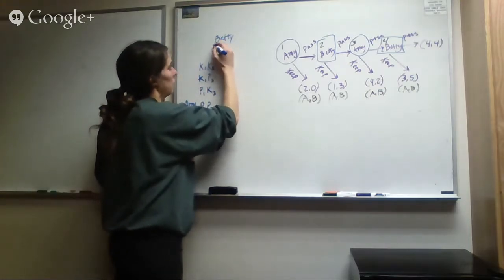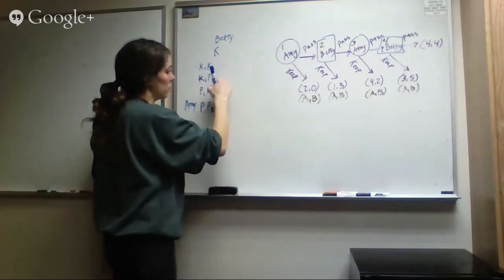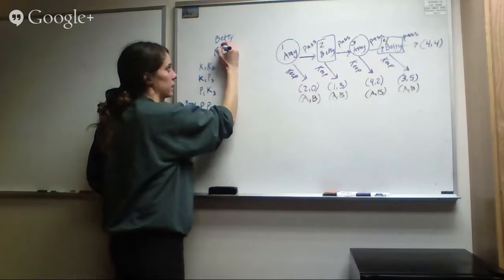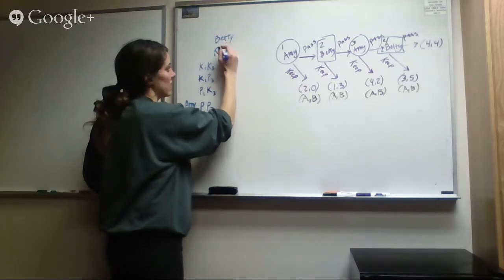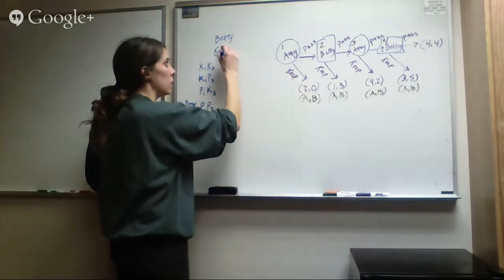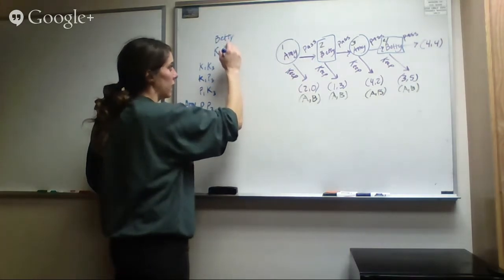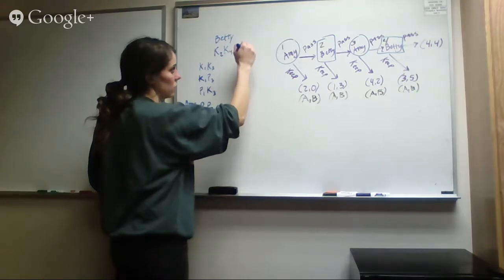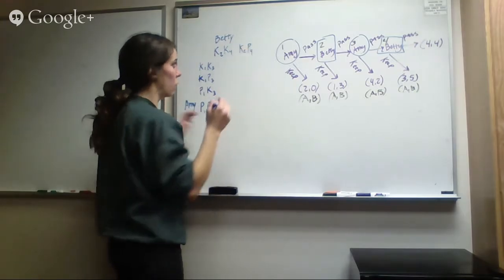Okay, Betty, on the other hand, can make all these different moves as well. She could be the type of person who's planning on keeping it as soon as she gets it, and she's going to get it in move 2. Or she could get it and keep it in move 4. She might be the type of person who would keep it in move 2, do nothing in move 4.